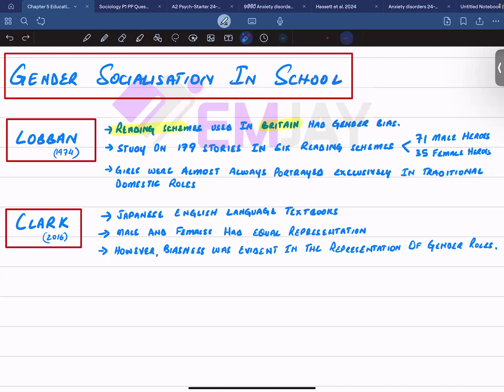What Loban found out was that from the sample she studied, out of 179 stories through six reading schemes, 71 of them had male heroes, whereas 35 of them had female heroes. Now, you and I both know that demographically we have more females in any given society as compared to males.